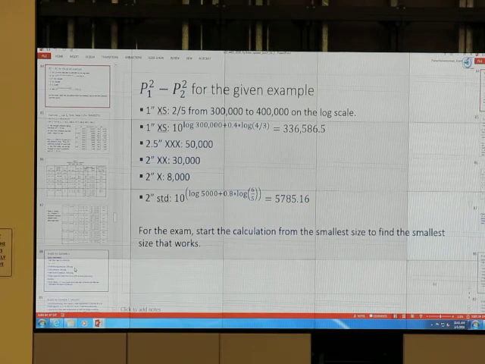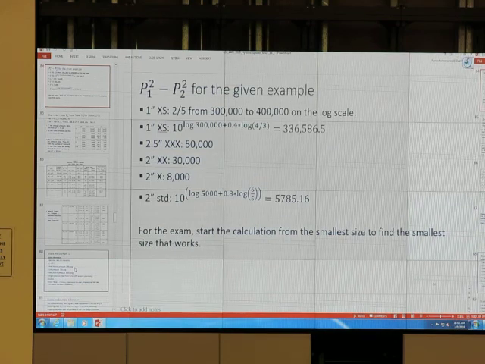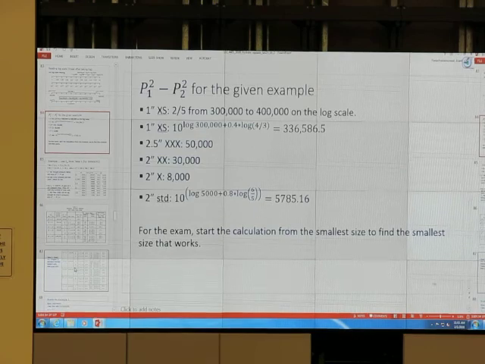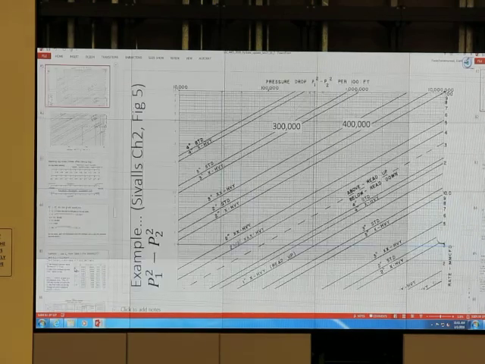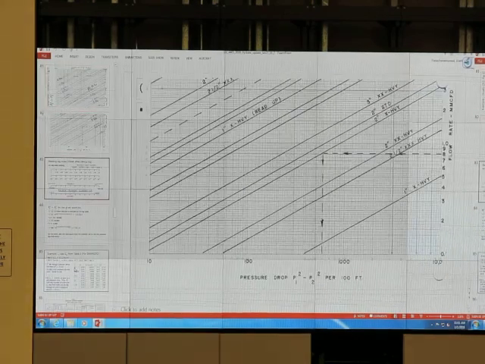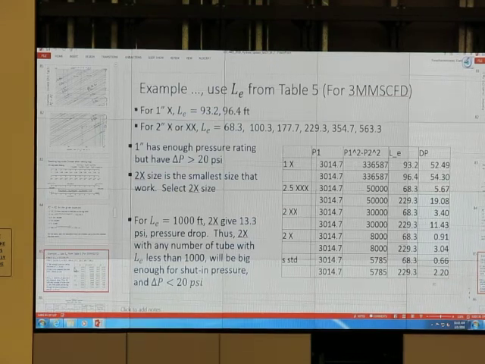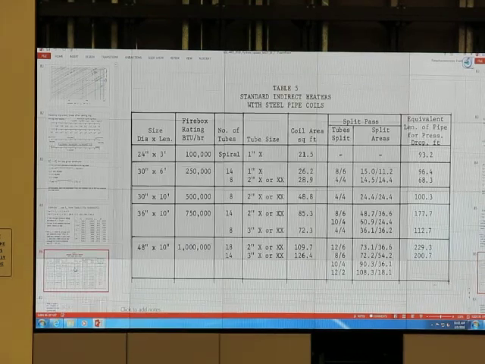No one sees that. Don't worry about it. I put it in the homework for this coming homework. We talk about the pressure drop, and I show that I calculate for every case. It may not be very clear now, and we will go over the example to make it very clear.